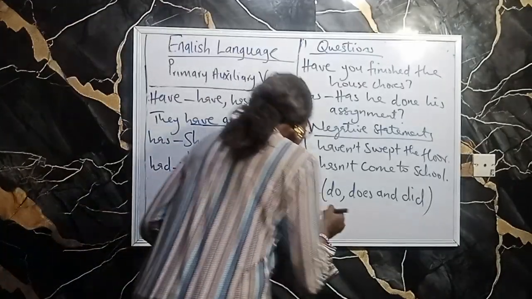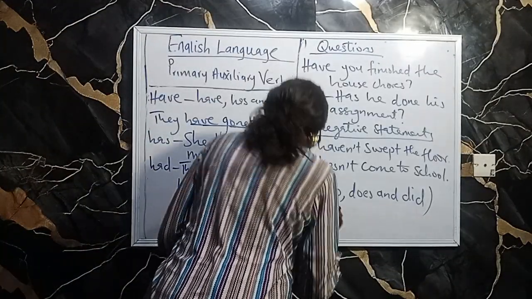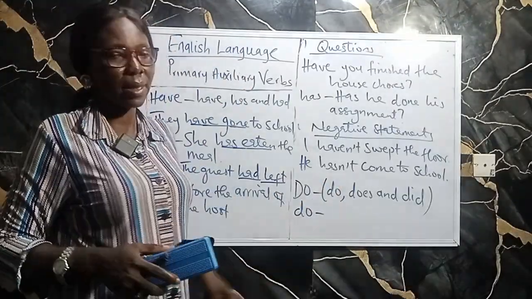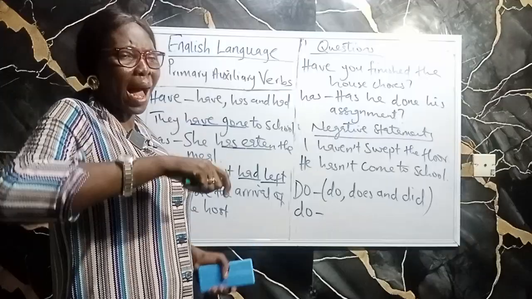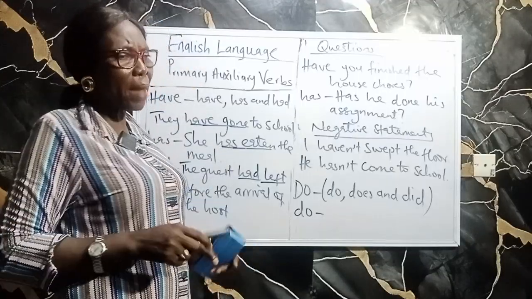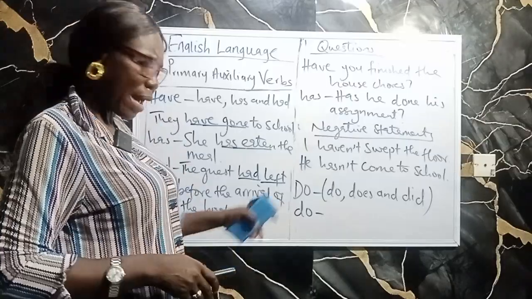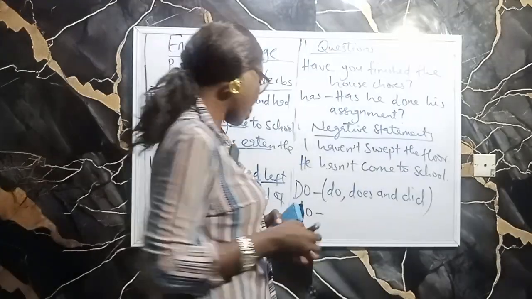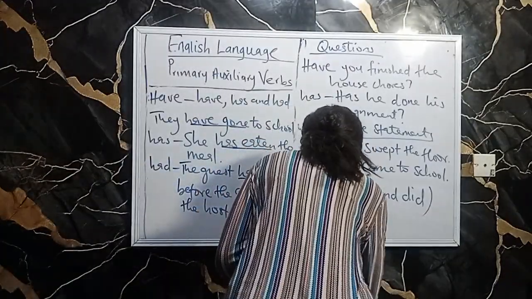For example, let's start with do. Do can be used, or the three verbs can be used to add force to the main verb. That means without them, the main verb can still function. But their being there is to add force to those main verbs. Like do. Let's use do.